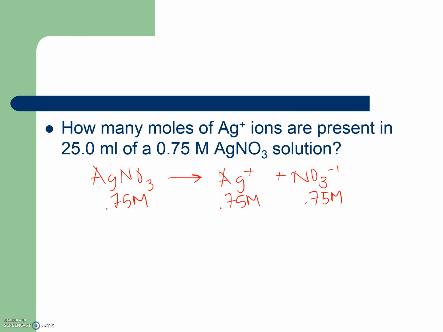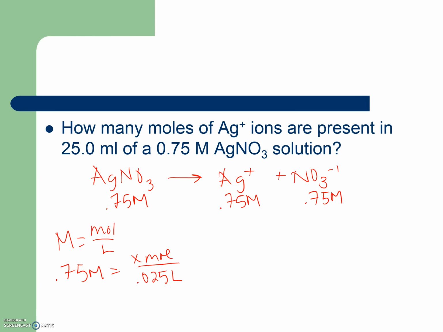And so it wants to know how many moles are present. So molarity is equal to moles over liters. I have milliliters here, so that's not going to be useful, but I have 0.75 molar, and it's some number of moles that I'm solving for, and my liters are 0.025 liters.